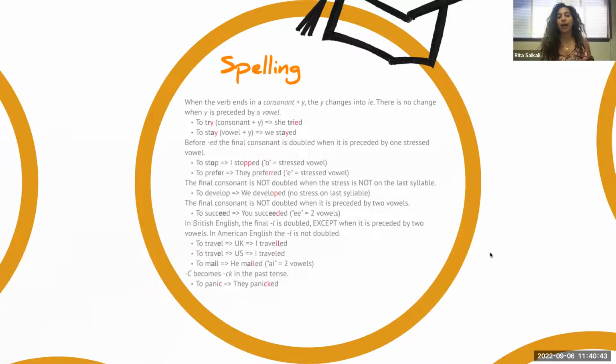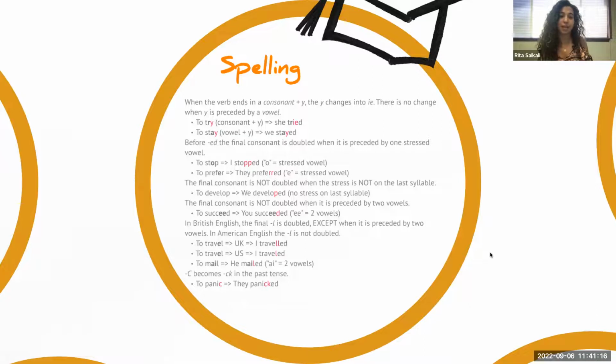Okay, so again, what are the vowels? Can anyone help me list the vowels? A, I, O, U, E, right? If there is no vowel before the Y, it changes to IE.